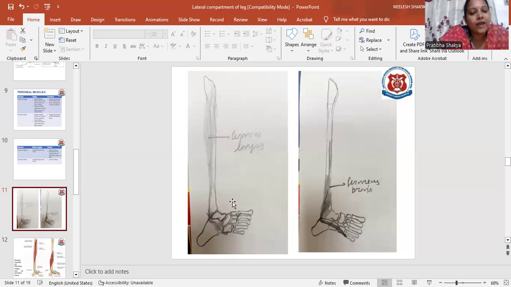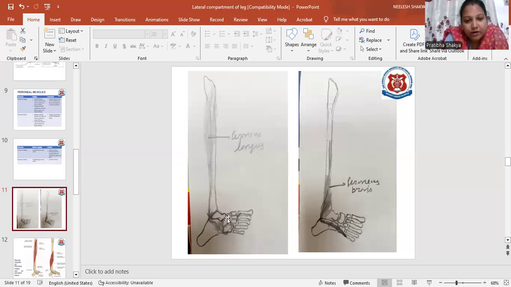After that, we have tarsal bones inside the foot, and here we have calcaneus. This is talus, and in front of the talus, this talus bone articulates with the navicular bone, and in front, this calcaneus bone articulates with the cuboid bone.